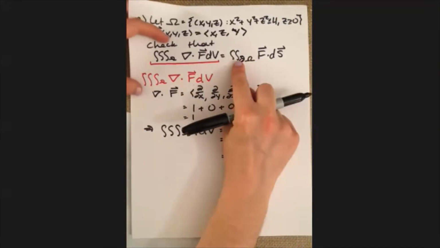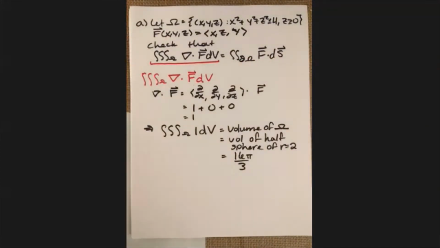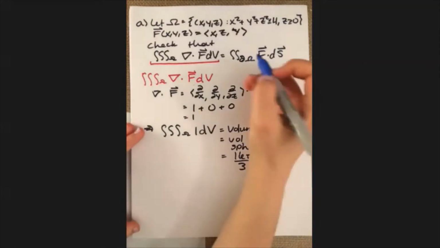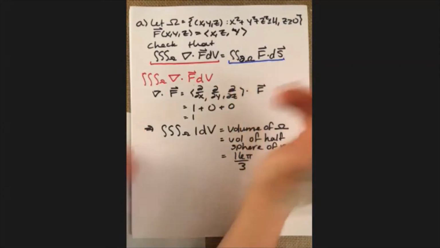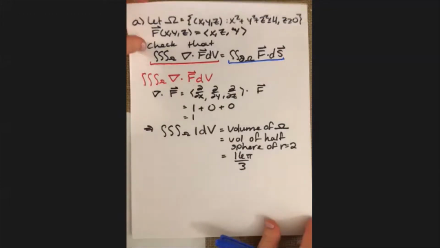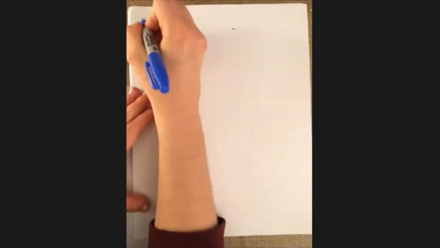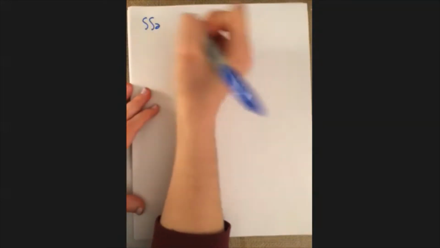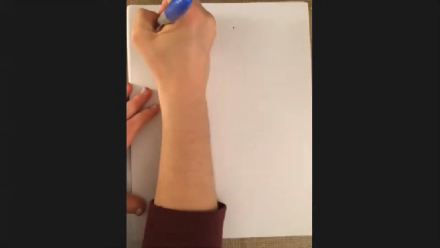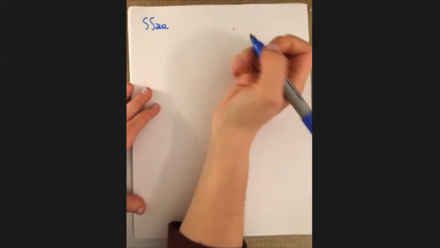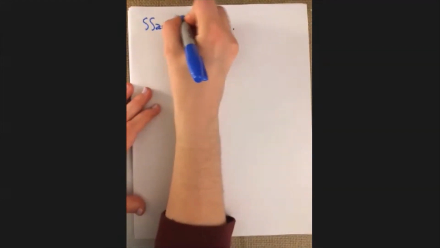So let's go ahead and look at our boundary option now, the second half of our divergence theorem. Again, the little partial in front of a region means that you're looking at only the boundary or the outside of it.